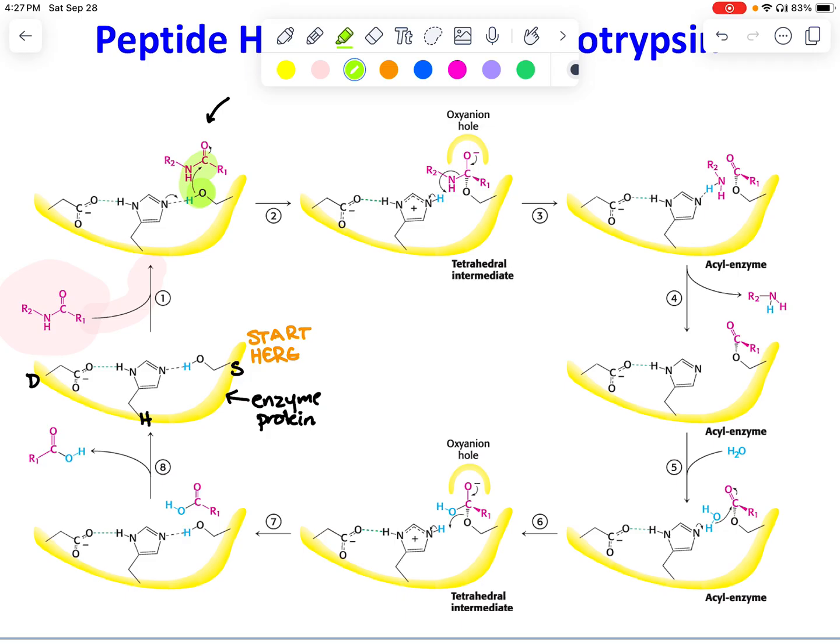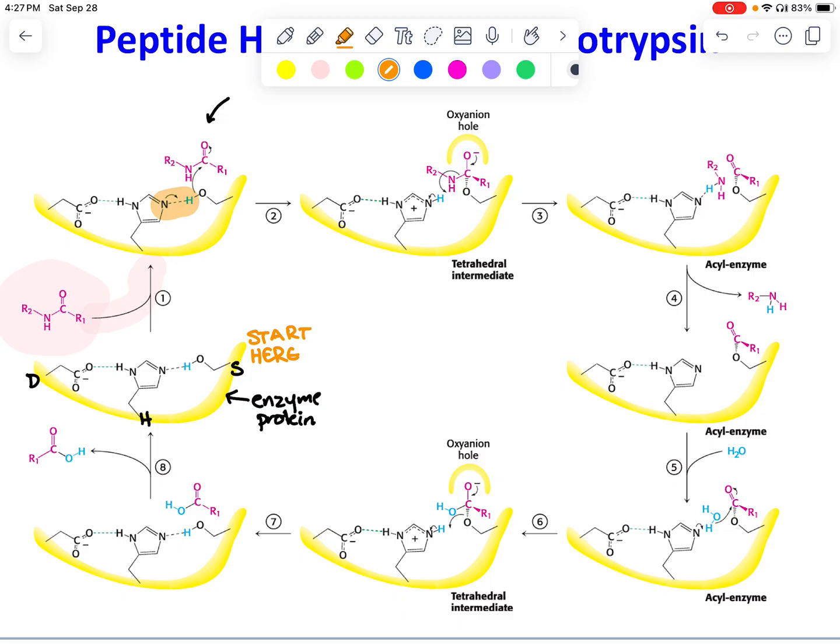Now, to make that possible, the histidine is going to act as a base, and it's going to accept the proton right here. But that's not what you would expect histidine to do with its normal pKa.